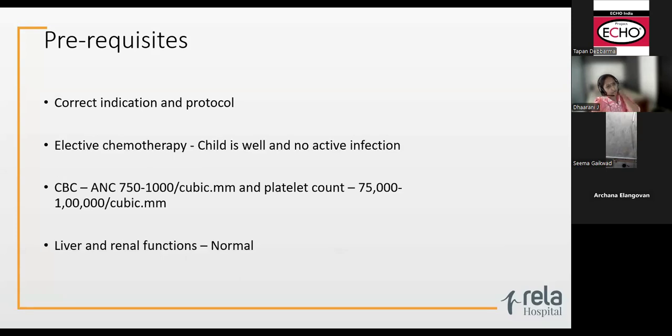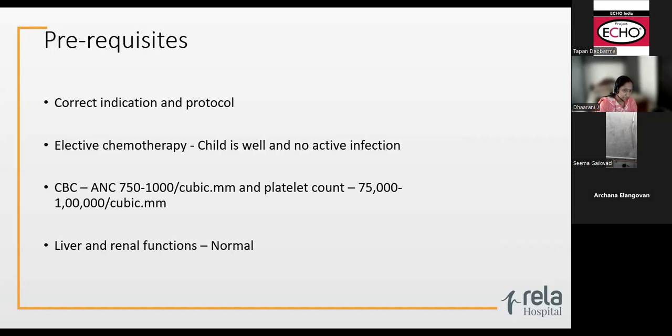The most important thing is that the correct indication and the protocol have to be checked. In pediatric oncology in general, we have a disease-specific protocol that one particular institution follows. Like we know that for B acute lymphoblastic leukemia, we have a protocol that we follow. So we have a protocol sheet and we go by the sheet.